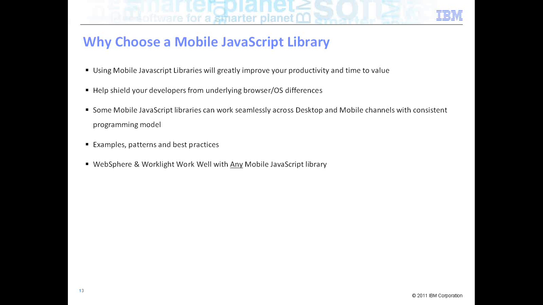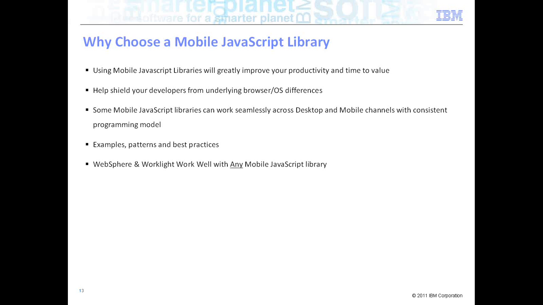Then a general use case is to have 2 versions of an application, desktop and mobile. And most of the JS libraries work in both environments with a consistent programming model. Like I said when I gave the example of Facebook, Facebook has a different UI and page layout for desktop and a different one for a mobile device. Think if I had to code everything twice, how would it manifest into my efforts?